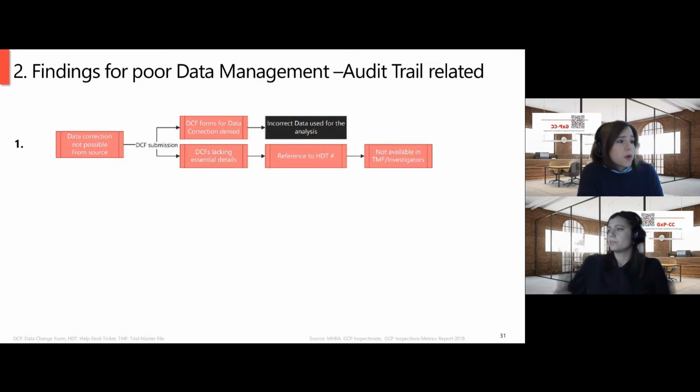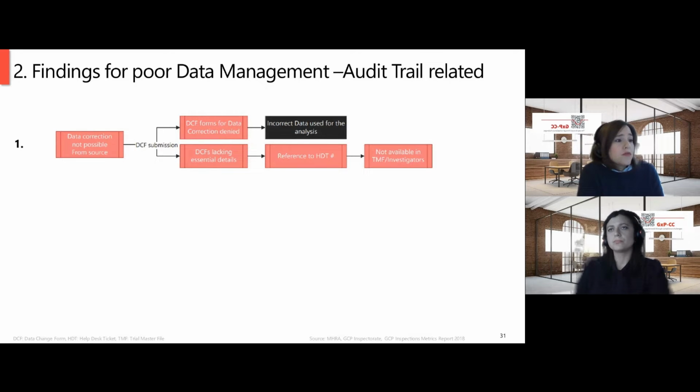And what was set up to go around this problem was that they had established data correction forms within the trial, which should have been submitted by the investigators to the clinical trial management to correct the data when it was noticed that something was wrong. However, in many cases, it was found during the inspections that these attempts to submit forms were denied, resulting in incorrect data being used for the analysis of the clinical trial data.